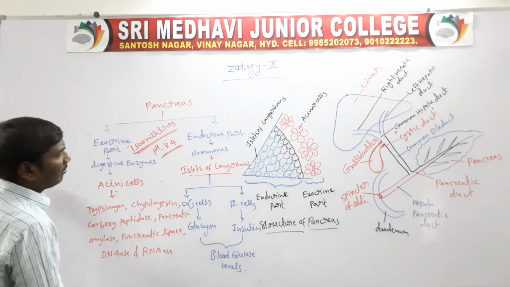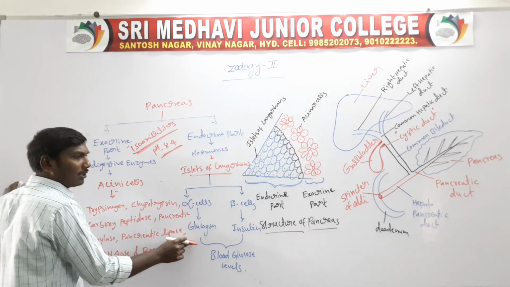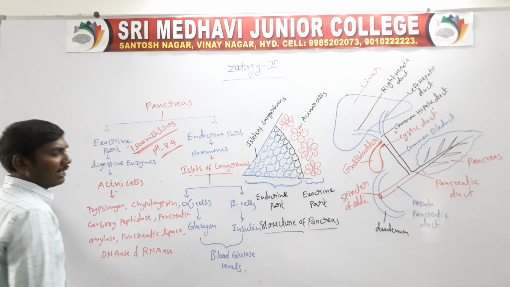Alpha cells release glucagon, and beta cells release insulin. The exocrine part is made of the Acini cells.